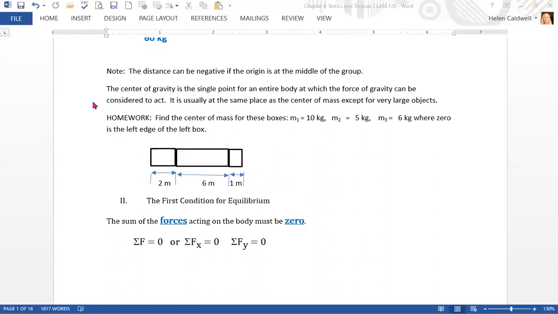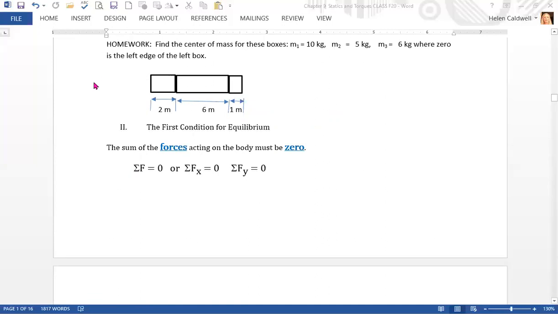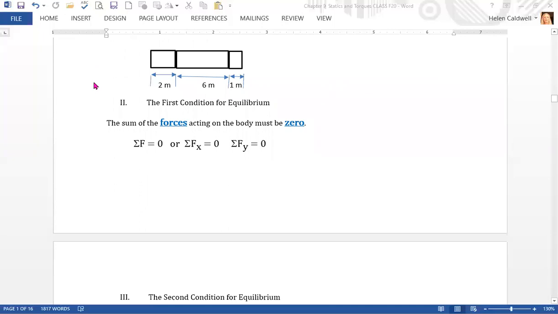For homework, instead of the balls, I want you to have 3 boxes, and you have their masses and their lengths, and I want to have 0 be at the left edge of the left box. So left edge of the left box, tell me where the center of mass is. You need to practice this. And there's some other practice problems in the study guide.